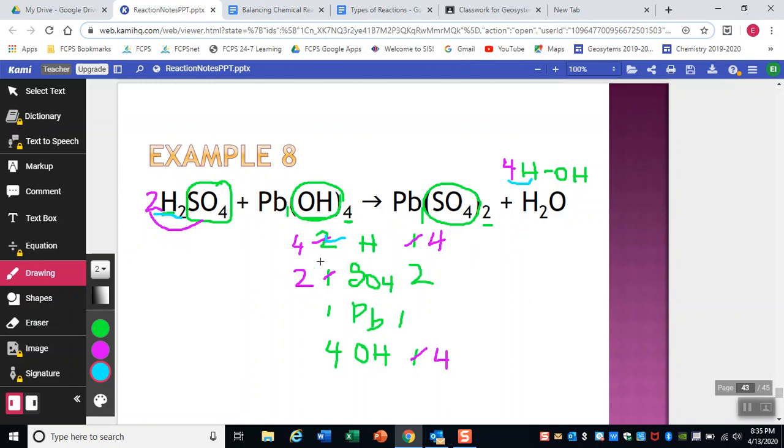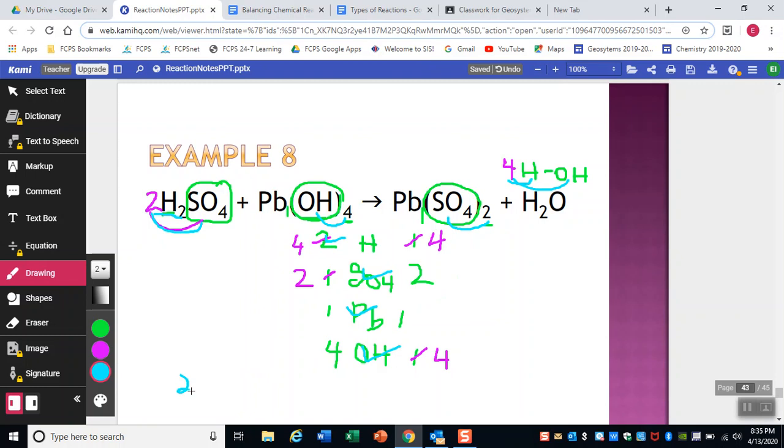All right, and then I have 2 sulfates here, 2 sulfates. Then I have 1 lead here and 1 lead here. And then I have 4 hydroxides and I have 4 hydroxides, so that checks out over there.